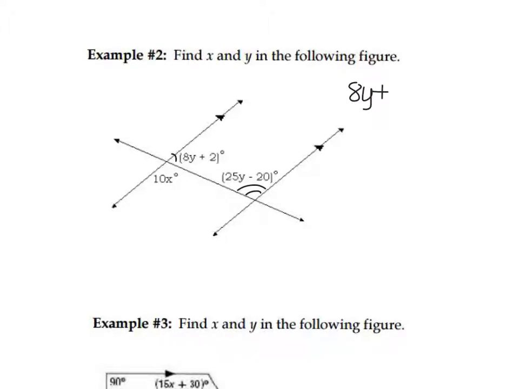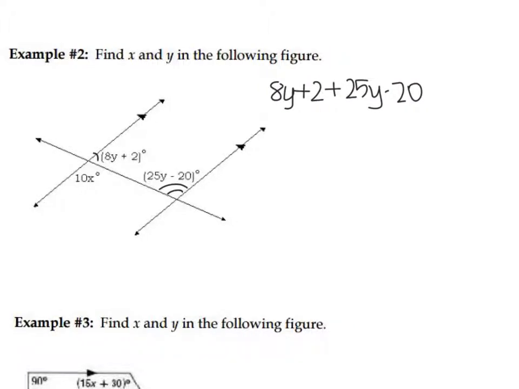So 8y plus 2 plus the 25y minus 20 is going to equal 180 degrees. Combining like terms on the left, 8 plus 25 is going to give us 33. So 33y, 2 minus 20 is negative 18, equals 180.